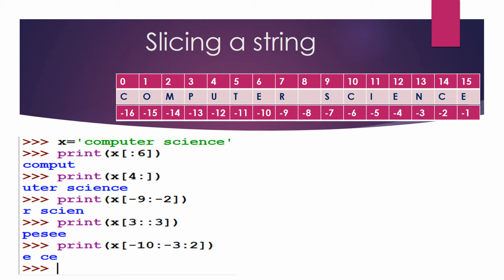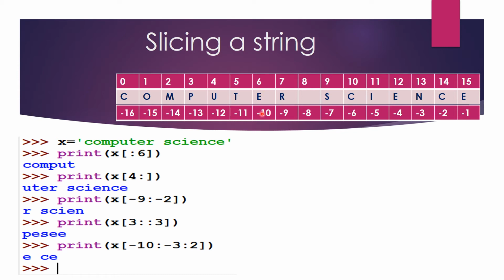Here the given string is computer science, and the indexes run from 0 to 15, so altogether there are 16 characters in this string. Here we are trying to print the string up to index value 6.